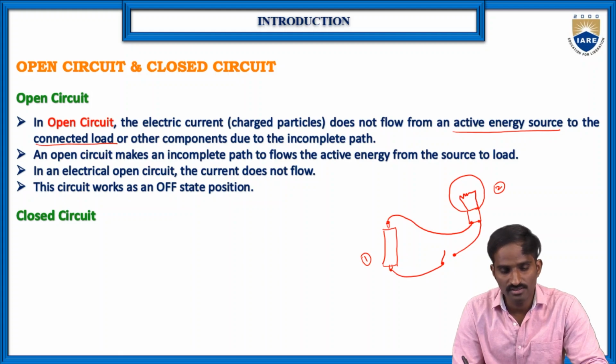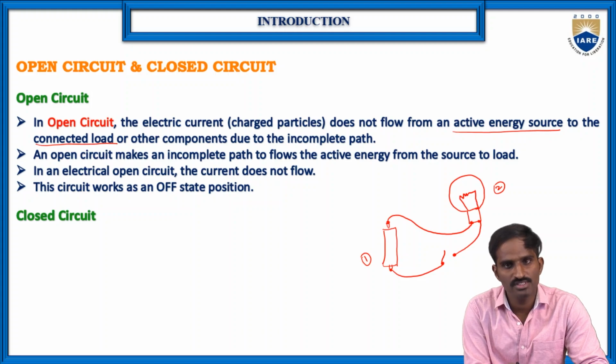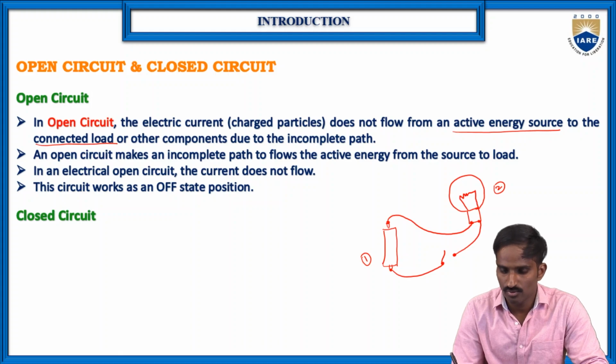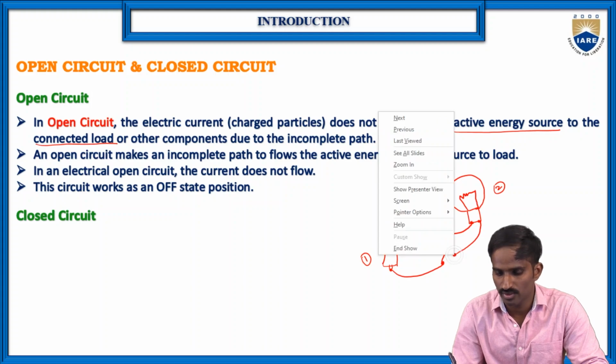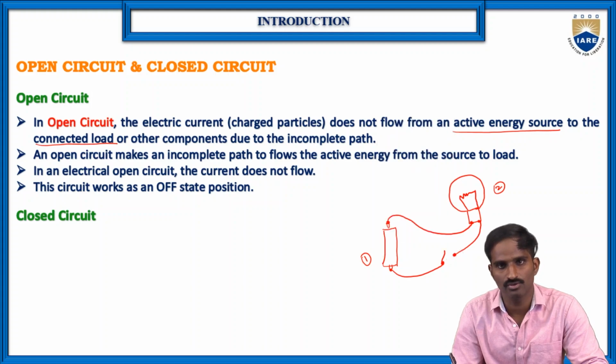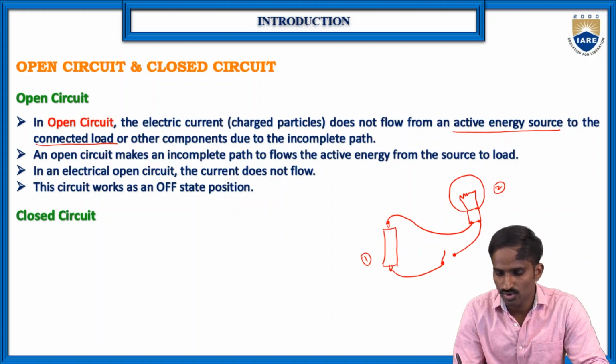So in an open circuit, the electrical current does not flow. Here you can see these two wires are not connected, so in between here it is an open circuit. That's why there is no current flowing through this bulb.